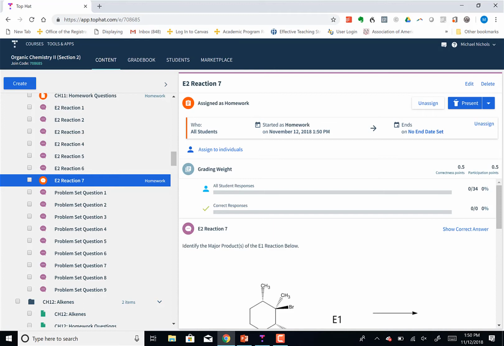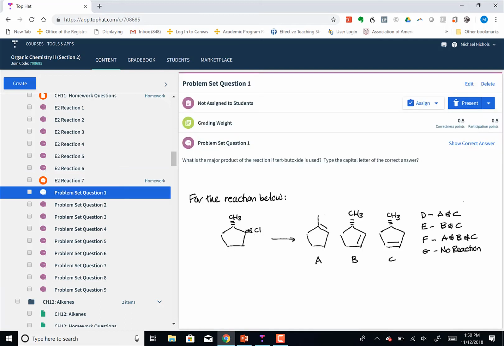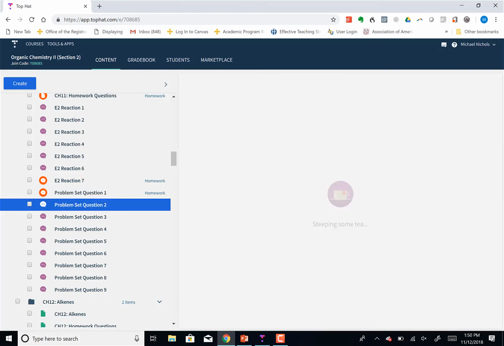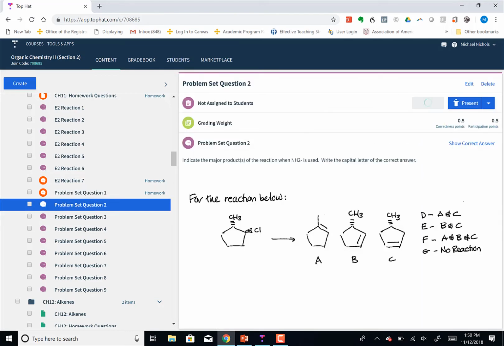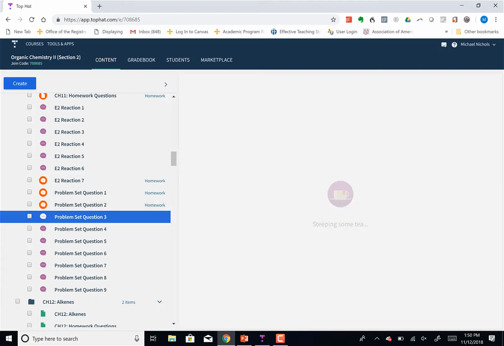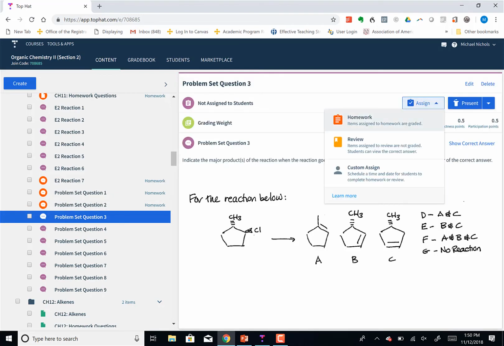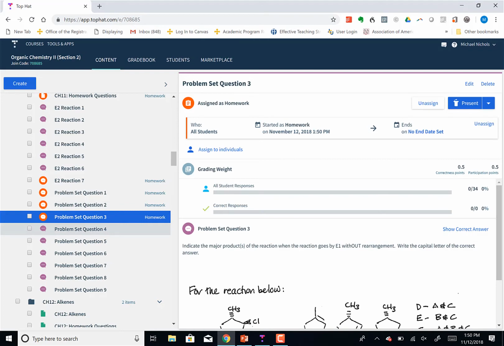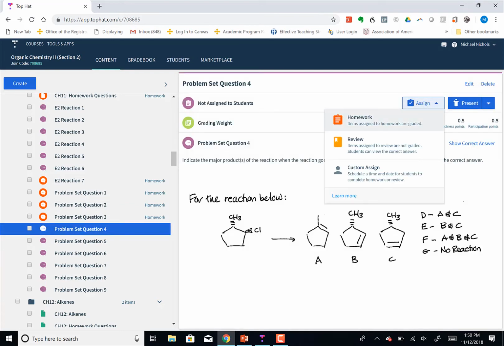Honestly, I don't even know what I'm giving you, because I don't have the other menu that I normally have. So I'm going to make the rest of these homework. They're in chapter 11, and so you can go ahead and do those. These are the remaining ones, and then the first 9 questions on the handwritten problem set.